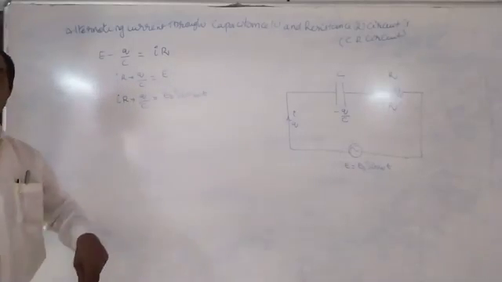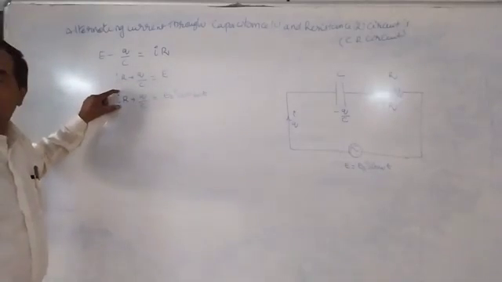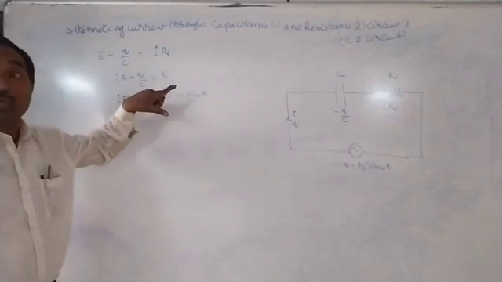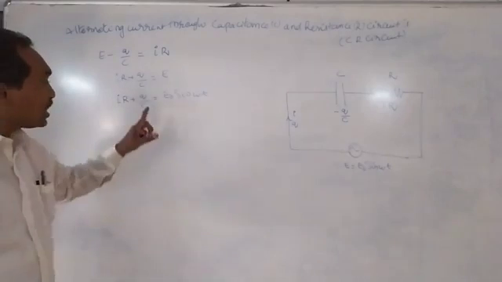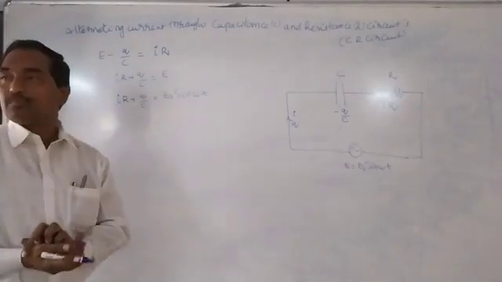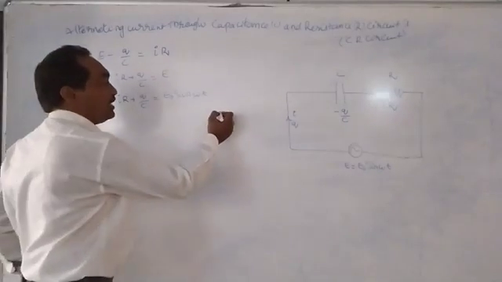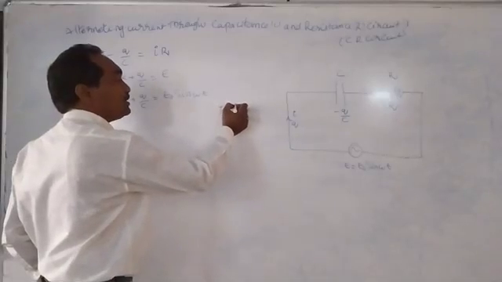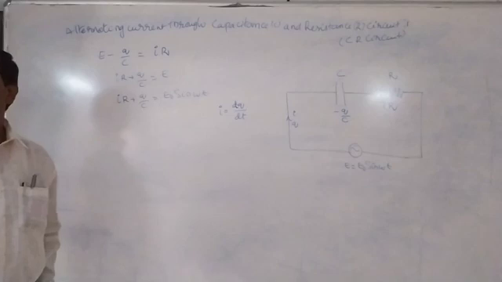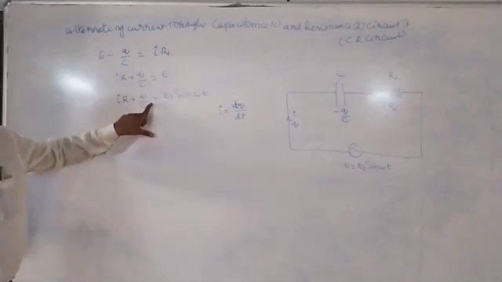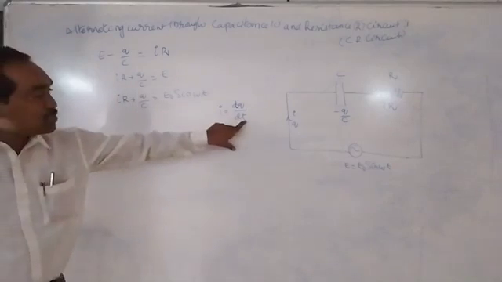Our aim is to calculate the alternating current I, but there is also the charge Q. So we want to convert this charge Q into current I. We know the relation between I and Q is I equal to dQ by dt. So we differentiate this equation with respect to time.